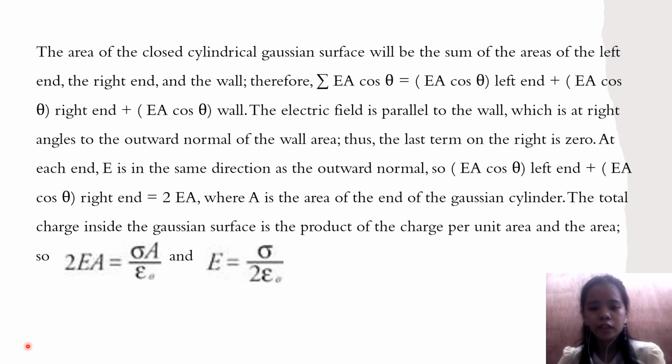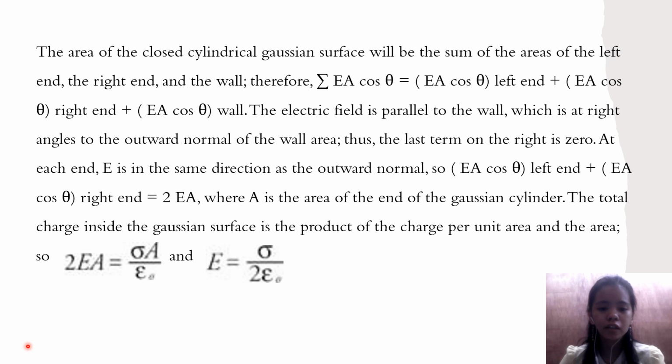The electric field is parallel to the wall, which is at a right angle to the outward normal of the area. Thus the last term on the right is zero. At each end, E is in the same direction as the outward normal, so EA cosine delta for the left end plus EA cosine delta for the right end is equal to 2EA, where A is the area of the end of the Gaussian cylinder.